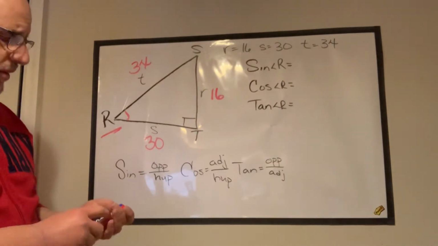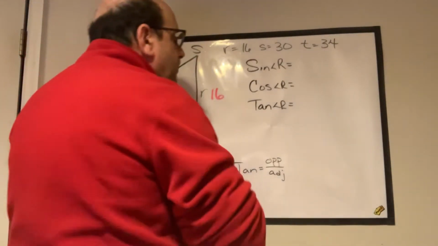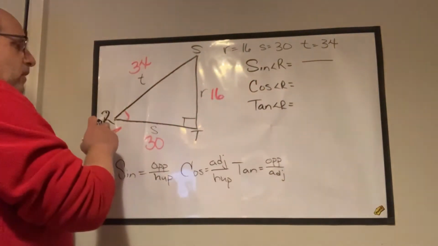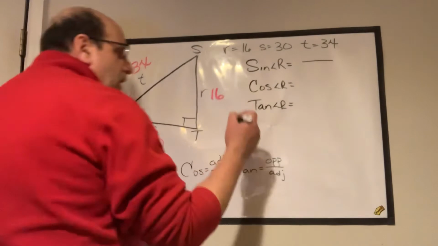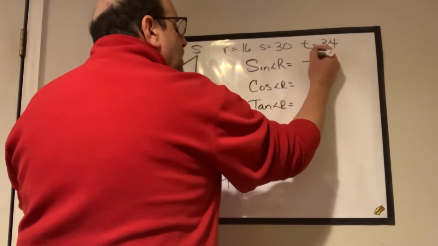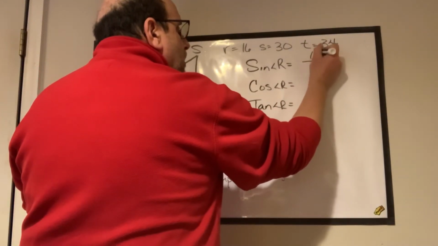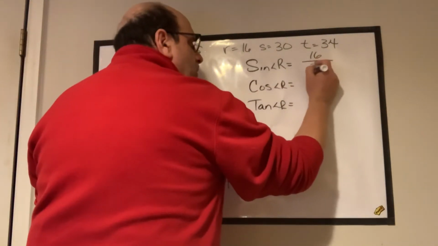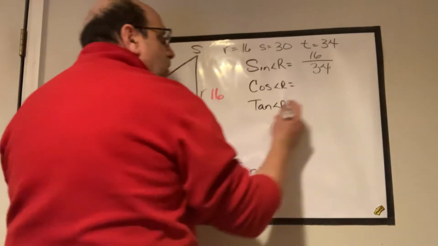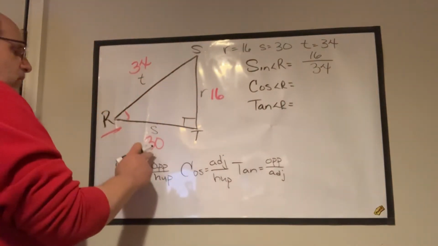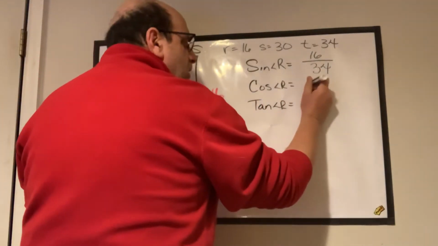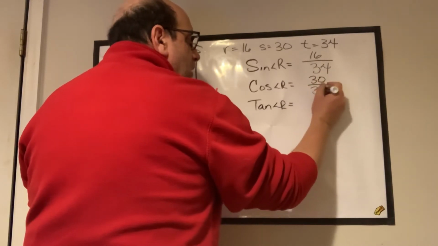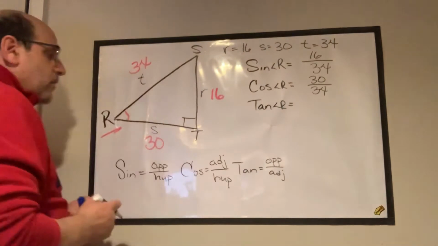But I'm going to start writing out these ratios. If we're looking at angle R, we already know it's the opposite side, which is 16, over the hypotenuse, which is 34. All right, move to cosine, which is the adjacent side, the side we haven't used yet, over 34.